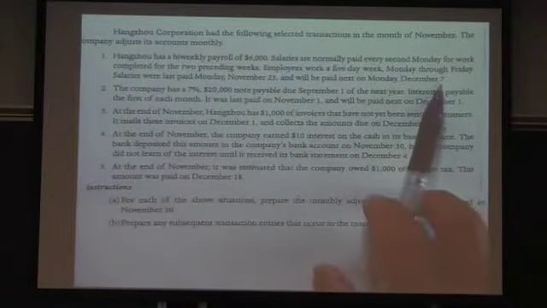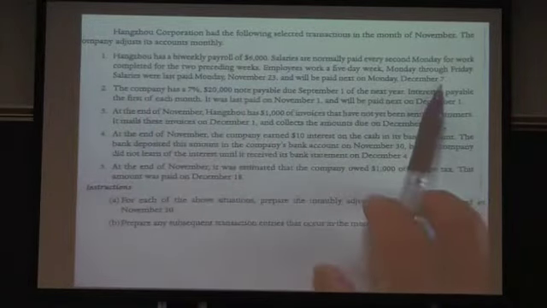We're going to multiply this by 6 over 10 to give us 3,600. So for November 30th, the adjusting entry that we need to record is debit salary expense 3,600, credit salary payable 3,600.